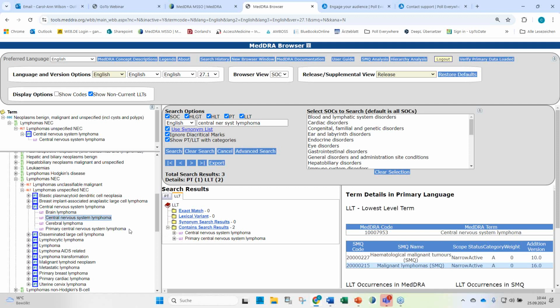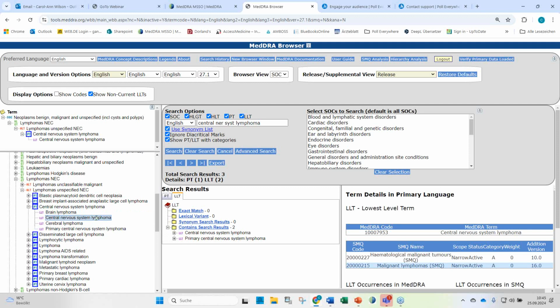But the secondary CNS lymphoma may relate to other lymphomas as well. So that's why here the central nervous system lymphoma is grouped under lymphomas unspecified NEC. So this would be the best option to really capture the full information in our verbatim.